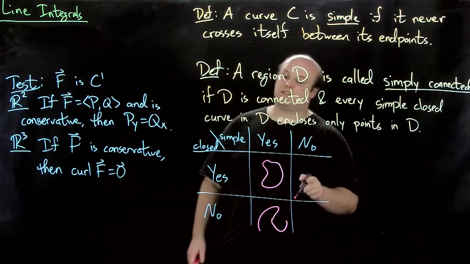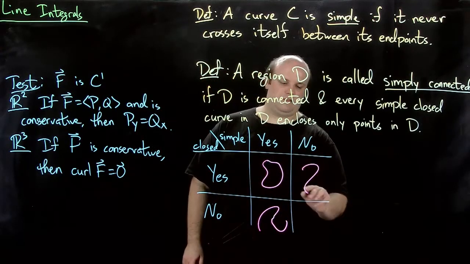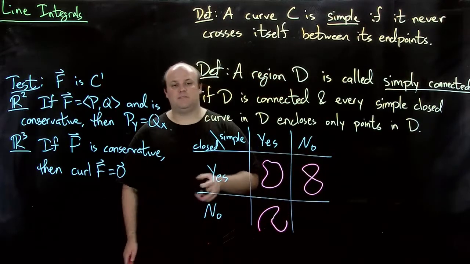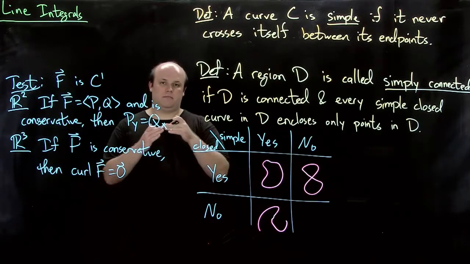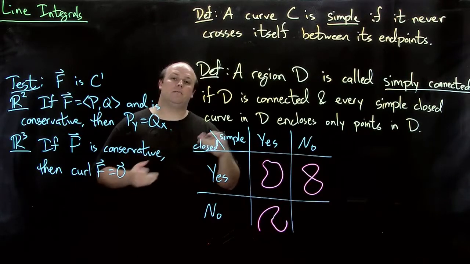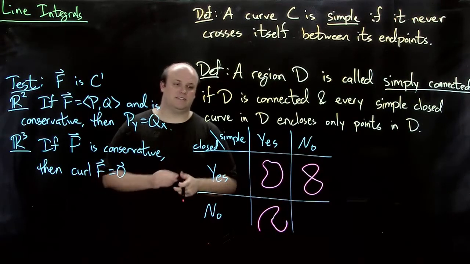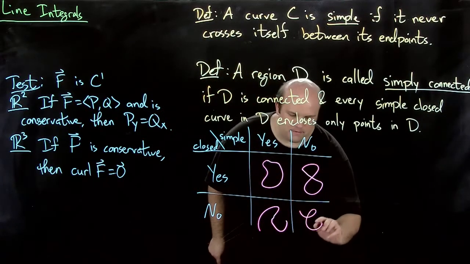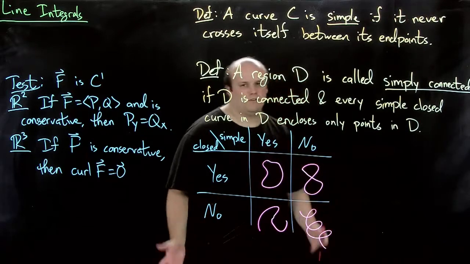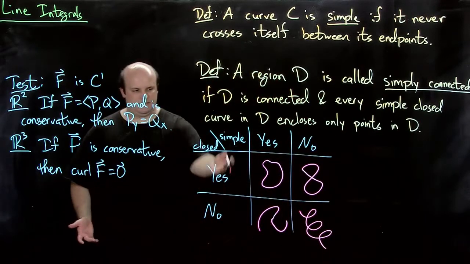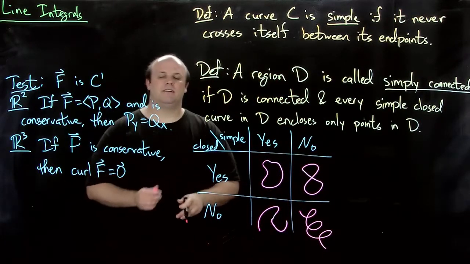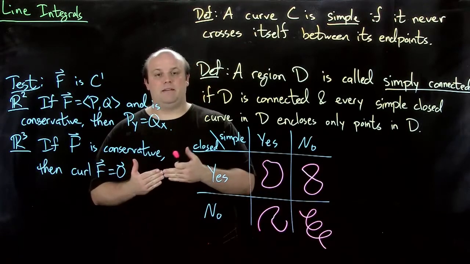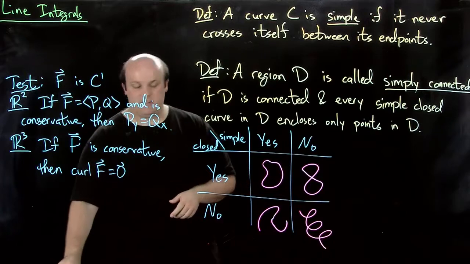Now something that's closed and not simple, you can pick a very simple one, the figure 8. That crosses itself. It is closed because the two ends meet up, but it's not simple because it crosses itself. And then finally, something not simple or closed, something like that, for example. It doesn't have to be that ridiculous, but it crosses itself and the endpoints don't meet up, right?